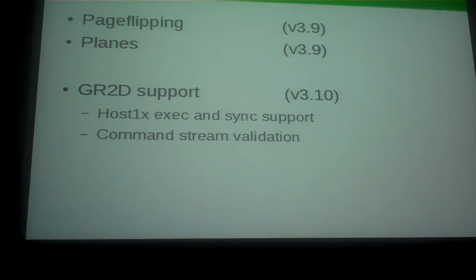So, what needs to be done and isn't finished yet is command stream validation for the Tegra 2. On the Tegra 3, we have the I/O MMU and can isolate the GPU from the rest of the devices.